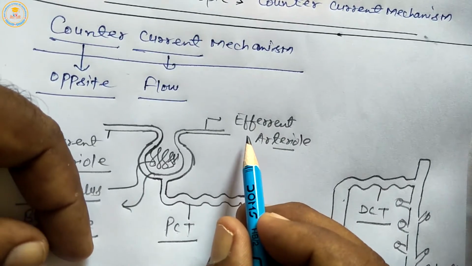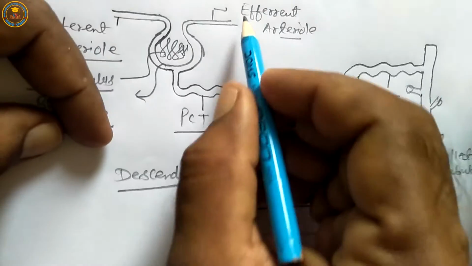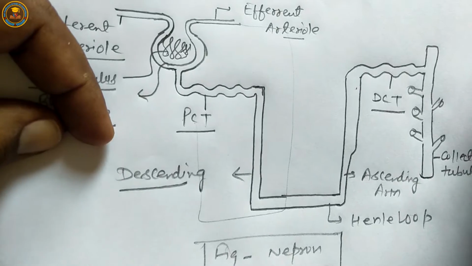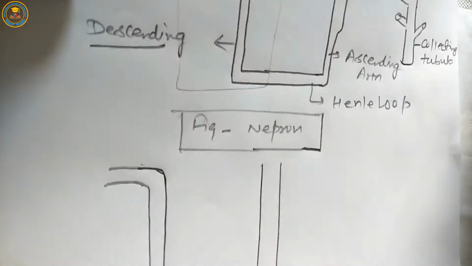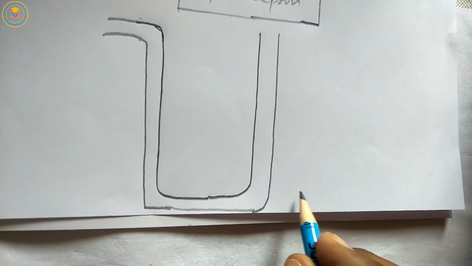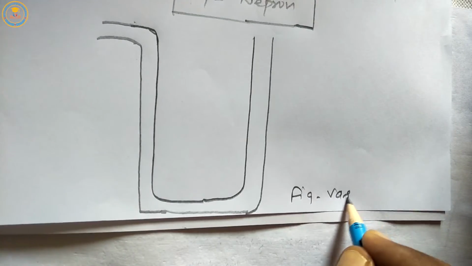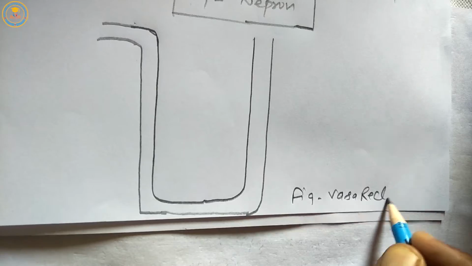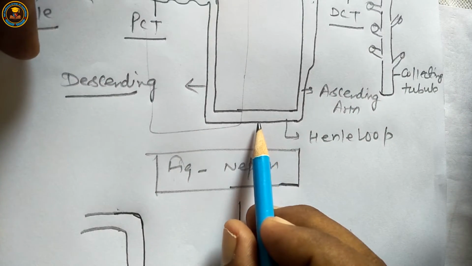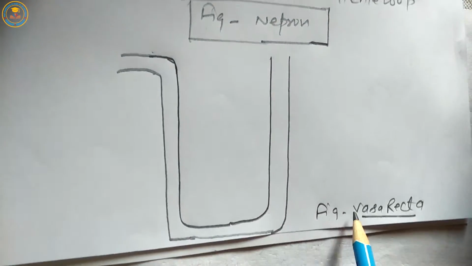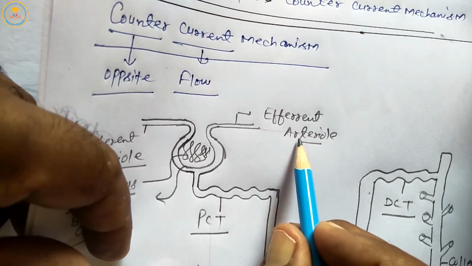Efferent arteriole forms a tube-like structure in this part. This U-like structure is called vasa recta. Once again, first U-shape structure is Henle loop, second U-shape is vasa recta. Henle loop is a part of nephron, but vasa recta is formed by efferent arteriole.